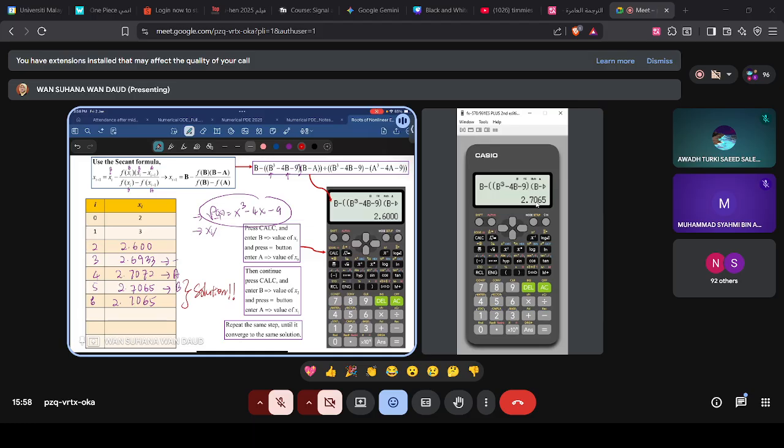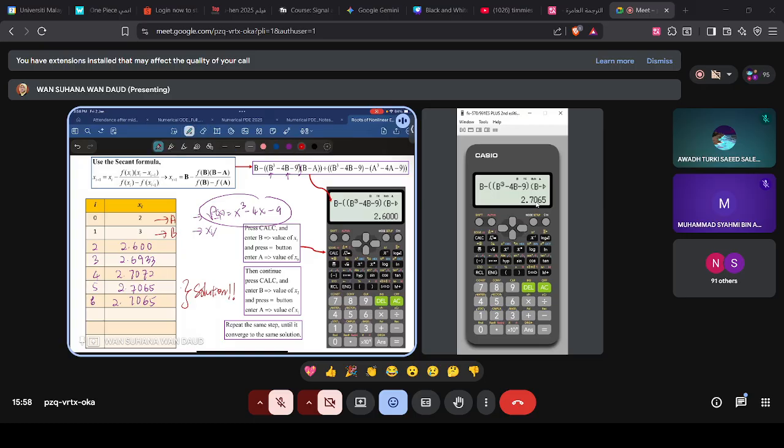Again, I repeat: first thing first, you should understand what is the A, what is the B. We start with this one as A, this one as B. So you put in the calculator, just follow the formula. This is the original formula.